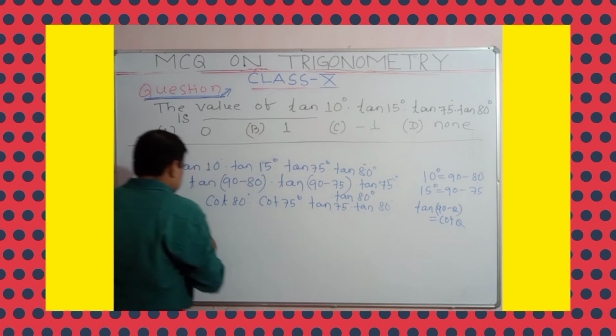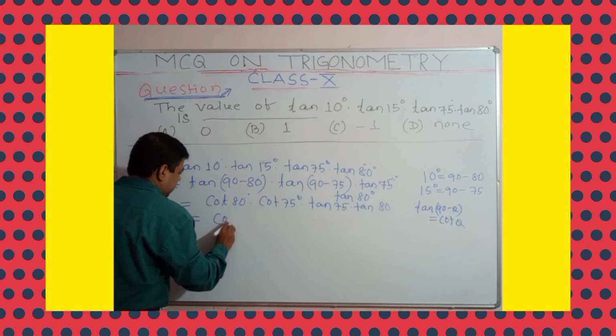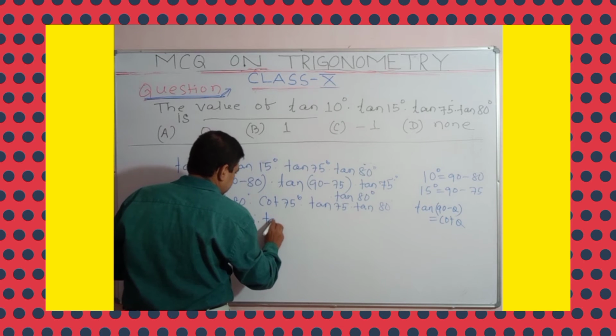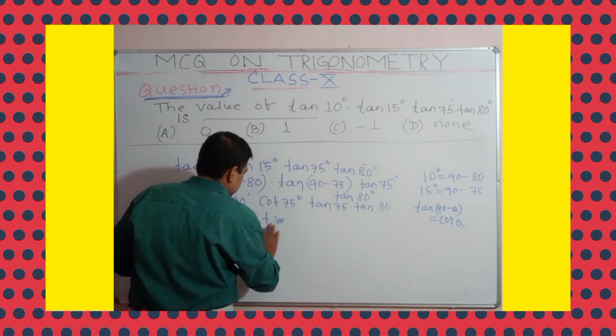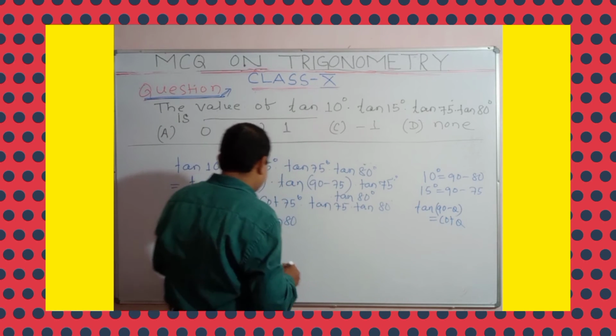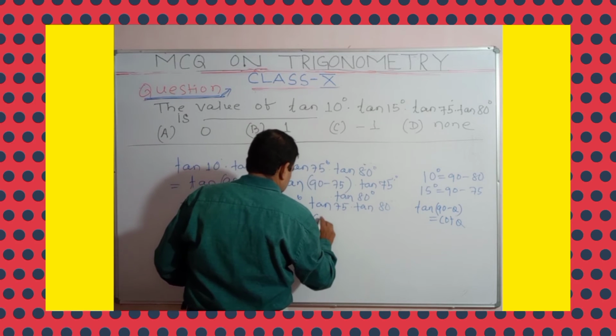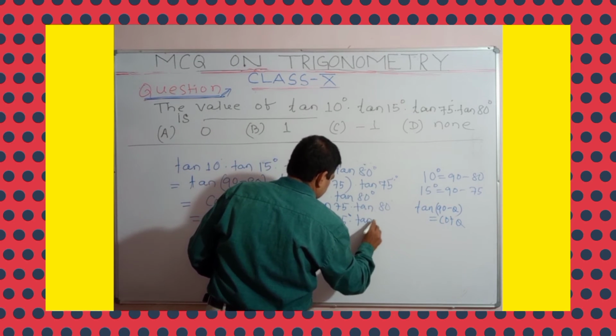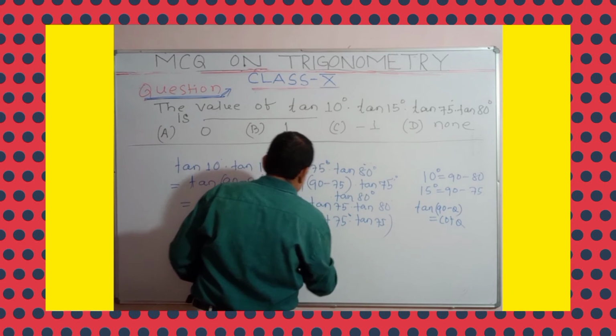Understand? Now you see cot 80 degree is there into tan 80 degree. Let us rearrange. Cot 80 degree into tan 80 degree, into cot 75 degree into tan 75 degree. Yes or no?